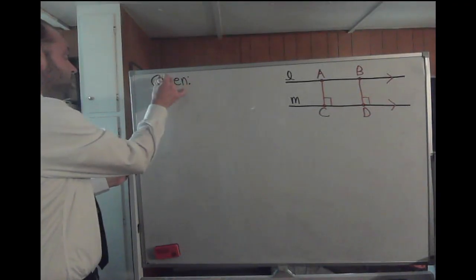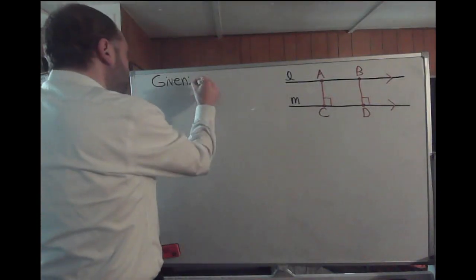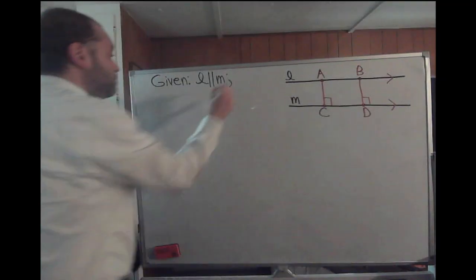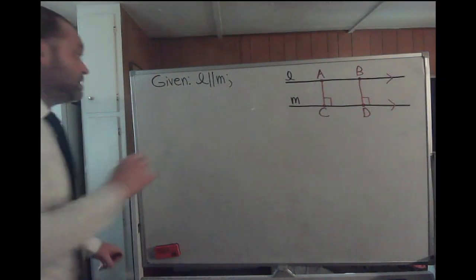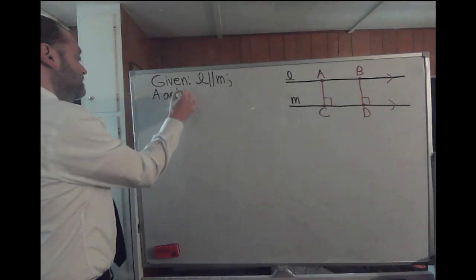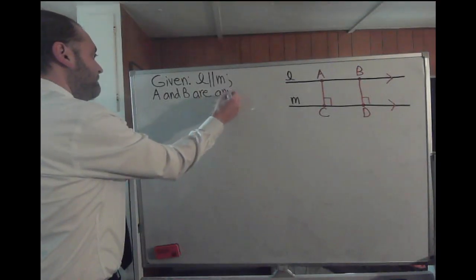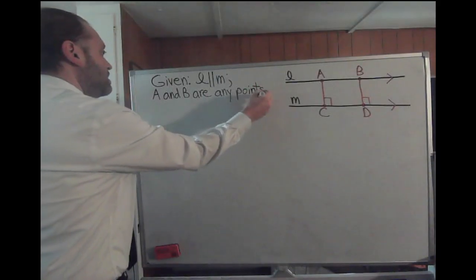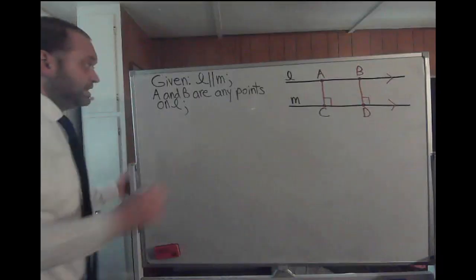So we are given that L is parallel to M. We are given that. A and B are any points on L. That's something we were given.